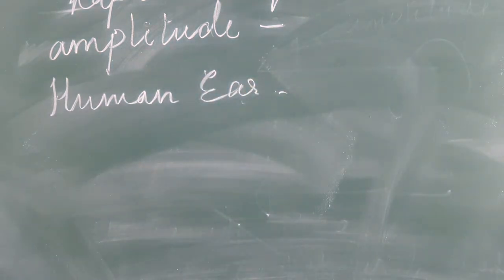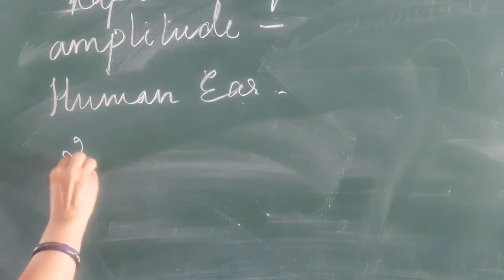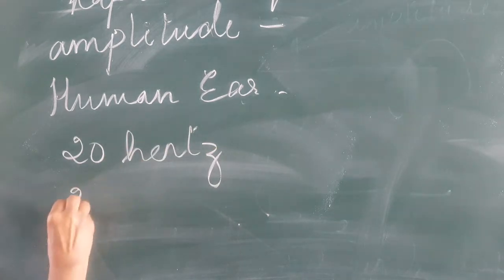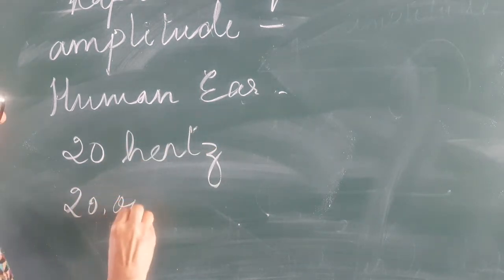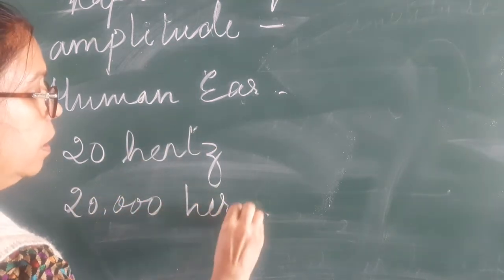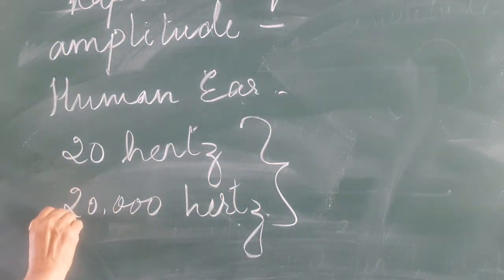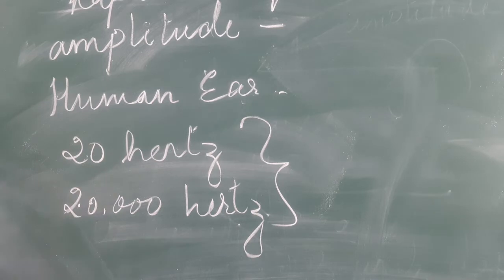Sound which is less than 20 hertz or more than 20,000 hertz cannot be heard. Only sound between 20 hertz and 20,000 hertz can be heard by the human ear.